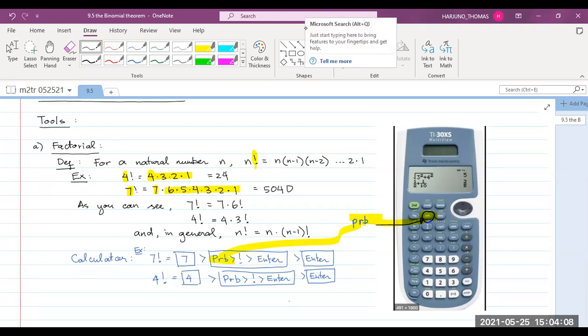Can I go on? I'd rather you try that first. If you use a TI-36, I believe it will be the same way of punching, even though the PRB button may be in a different place. But it must be somewhere there. Is it okay?